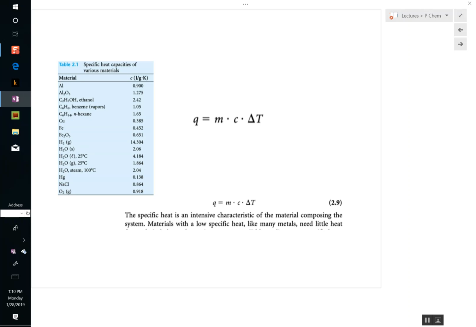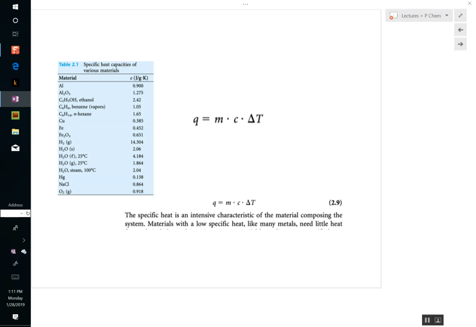We won't do a calculation there, but you will have a homework assignment where I'm going to have you compare the amount of heat it would take to melt something versus heat something. So you'll have to fall back on this equation to do part of the problem, and enthalpy to do the other part.